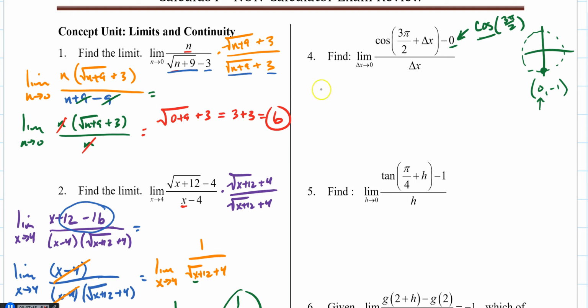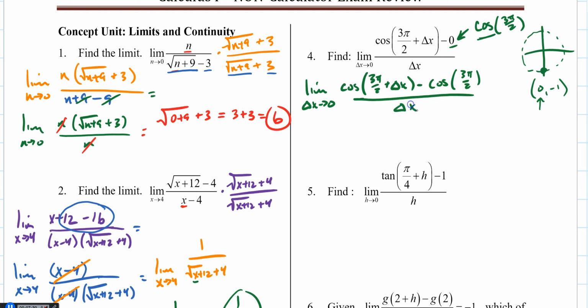So what I truly have is the limit as delta x goes to 0 of the cosine of 3 pi over 2 plus delta x minus the cosine of 3 pi over 2 all over delta x. And we know that that difference quotient is the same as the derivative of our function. And specifically, it's going to be the derivative of our function at 3 pi over 2.